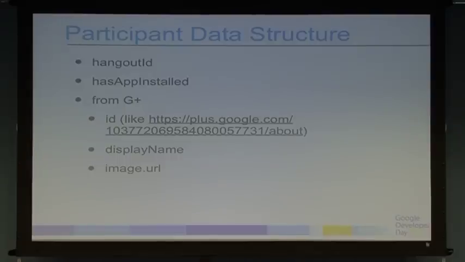It gives that Hangout ID, that unique Hangout ID that you saw in the URL, whether the person actually has the app installed, because you can have people in a Hangout without the app. And then some Google Plus information, so their URL, their photo, and their display name. You can actually use our other API, our public data API, to get more information about a user. But that's for another talk. I think Chris is doing a talk right after this about those APIs. So you can actually use them both together, which is pretty cool.